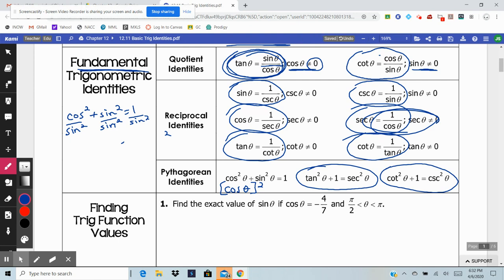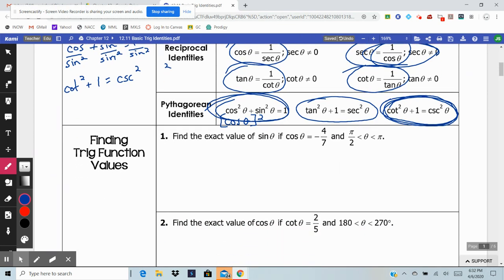Cosine over sine, that's cotangent. So cotangent squared plus sine squared over sine squared, anything divided by itself is 1. And then finally, 1 over sine is cosecant squared. So cotangent squared plus 1 or 1 plus cotangent squared is cosecant squared. So if you can just remember that sine squared plus cosine squared is 1, you can derive the other two.